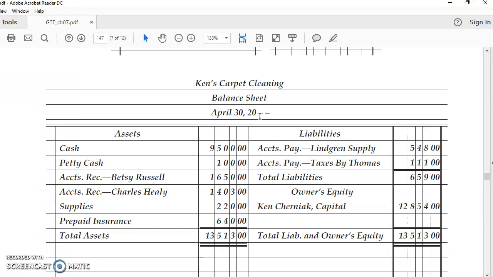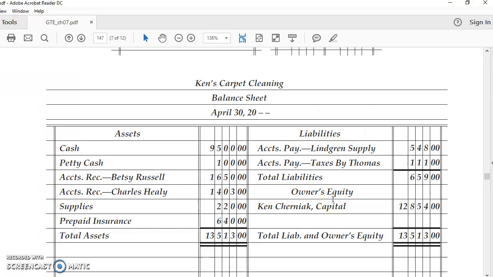Sometimes when we talk about a balance sheet, we call it the accounting sheet because it goes with the accounting equation. The accounting equation is assets equal liabilities plus owner's equity. Well, a balance sheet is assets, liabilities, and owner's equity.